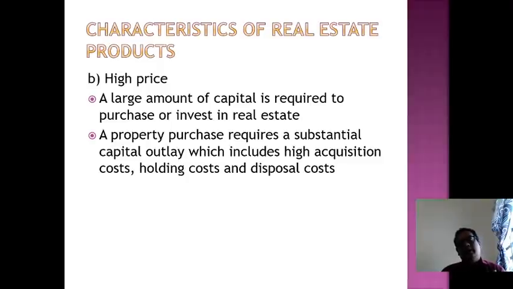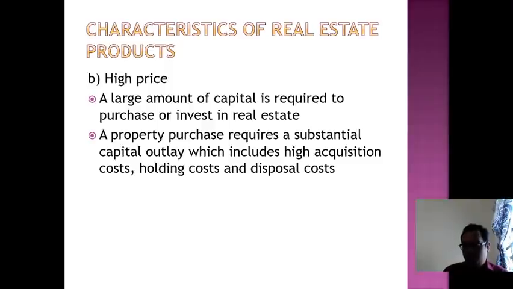Right now in Malaysia, for a property to be affordable it is around 400,000 or 300,000 ringgit, and this kind of capital is not going to be easy to obtain. With our monthly salary, we have to save up 15 to 20 years just to get this kind of capital, and usually we obtain it through financing, because it involves a lot of money.